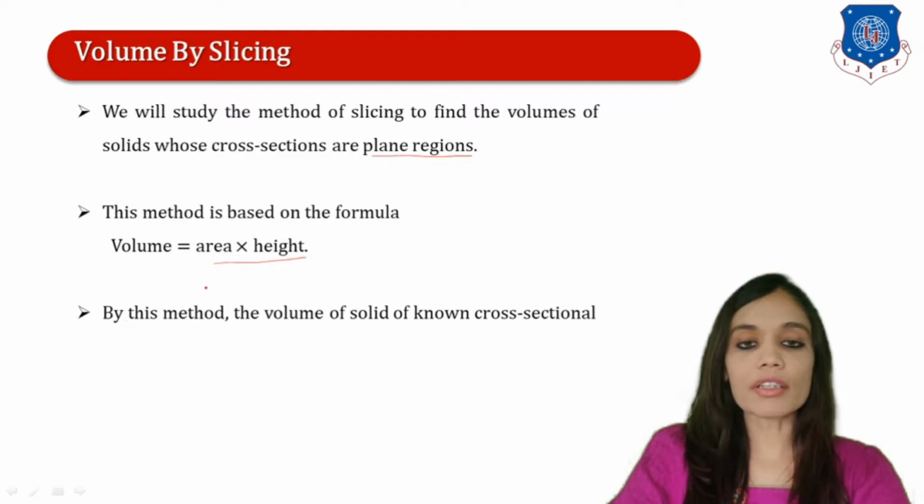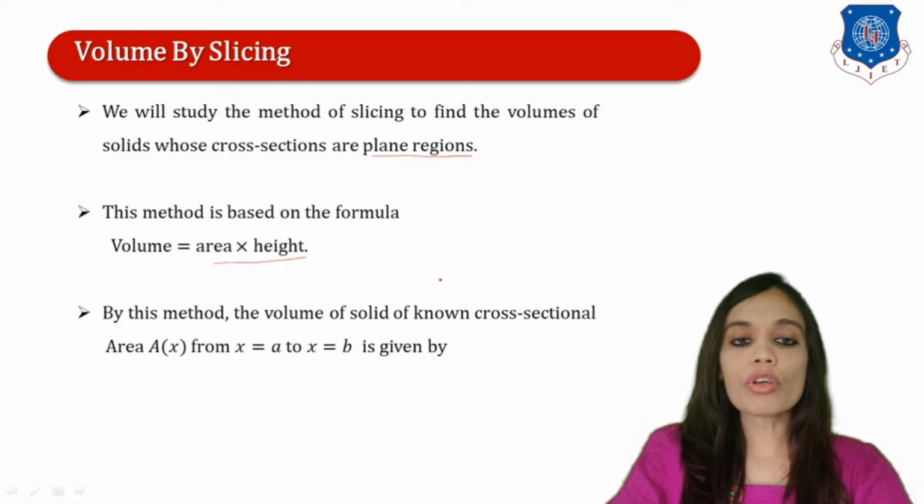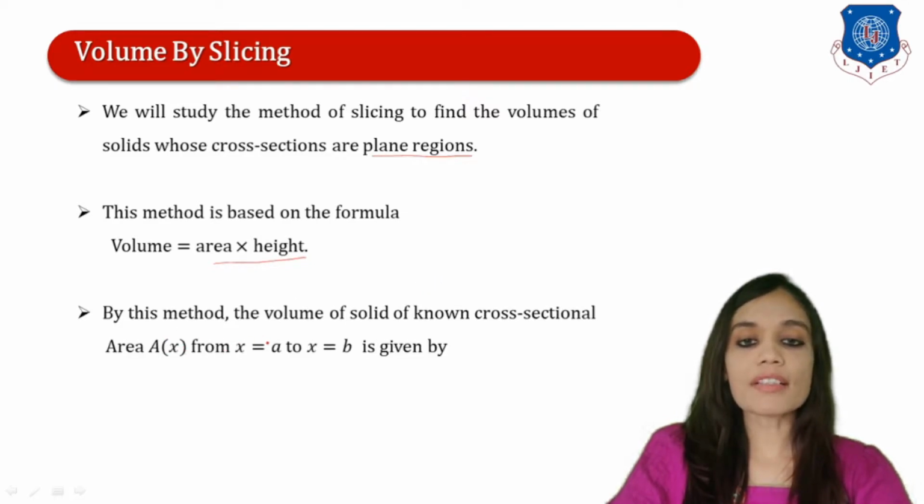By this method, the volume of the solid of known cross-sectional area A of x from x equals a to x equals b is given by V equals the integral from a to b of A of x dx, where A of x is integrable.